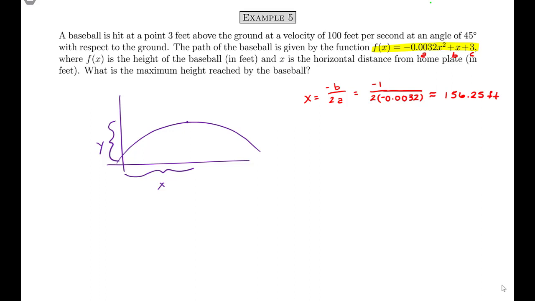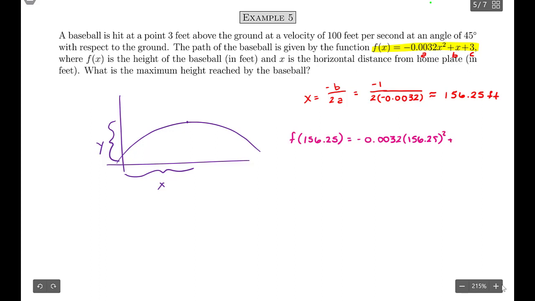We need to find how high it is when it reaches that point. So we take our given equation and we evaluate it at 156.25 to find that height, which is our y value. So negative 0.0032 times 156.25 quantity squared plus 156.25 plus 3.